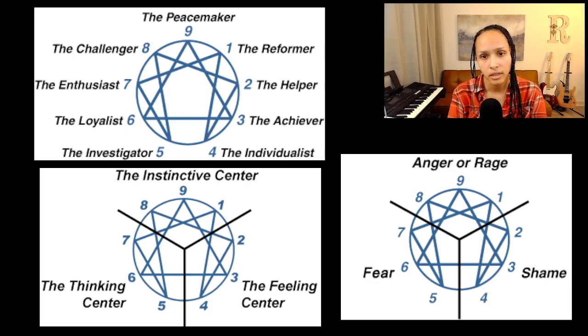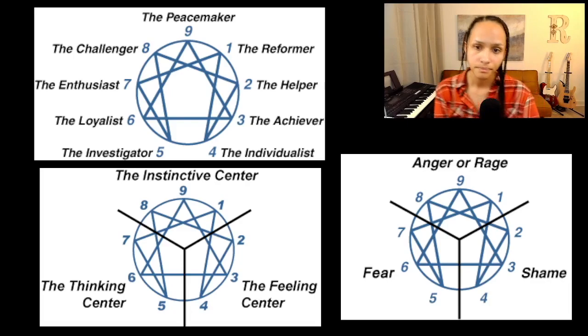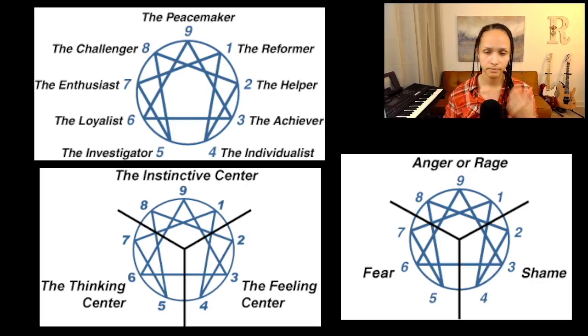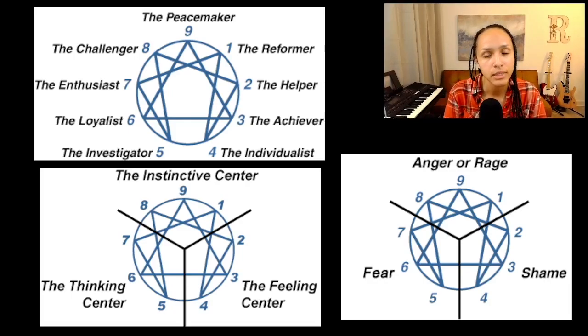And then type 3, it's kind of a lot of information. But yeah, so type 3, they're called the achiever, and they set their emotions aside. They're disconnected from their emotions the most.